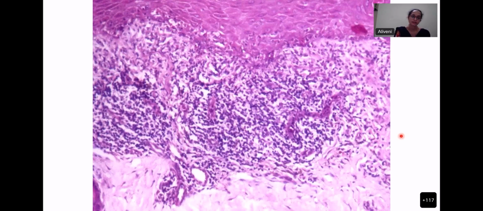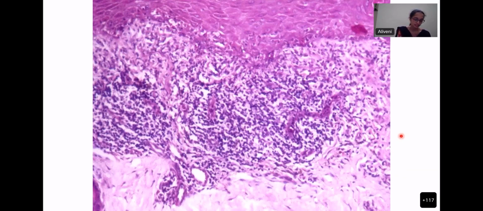So my impression is that it is an interface dermatitis of lichenoid type, and my diagnosis is lichen planus. Other differential diagnoses are graft versus host disease, where there will be basal cell vacuolation and scattered apoptotic keratinocytes and satellite cell necrosis, and the lymphocytic infiltration is variable in GVHD.